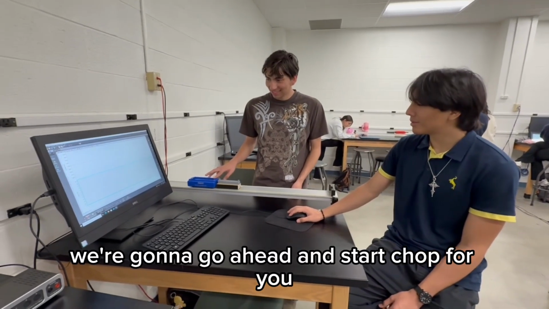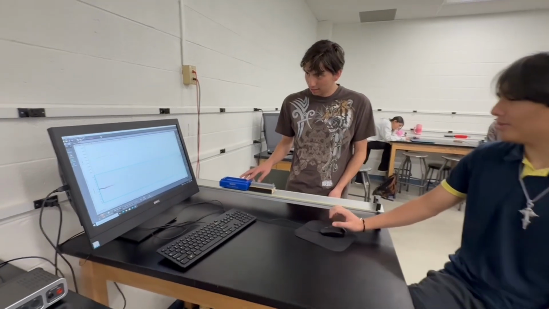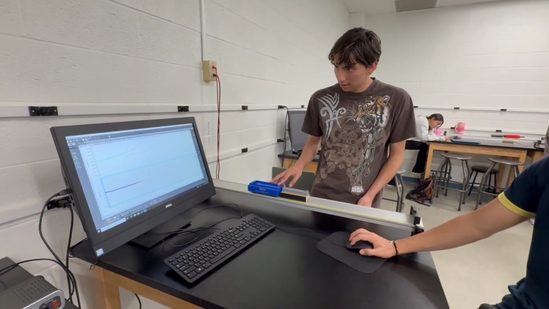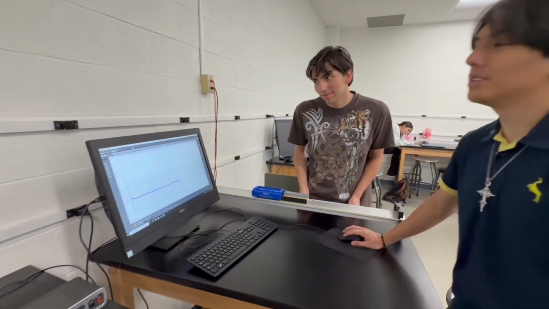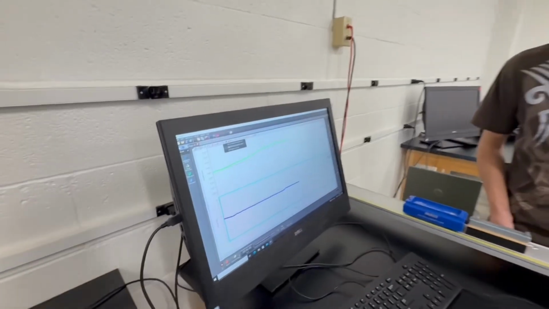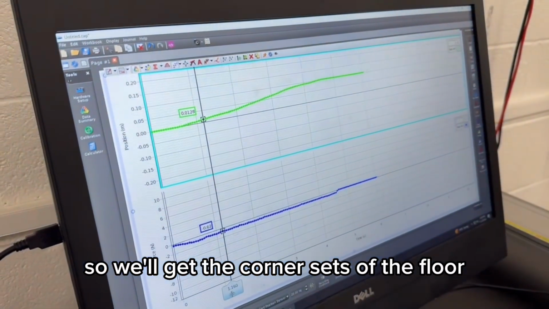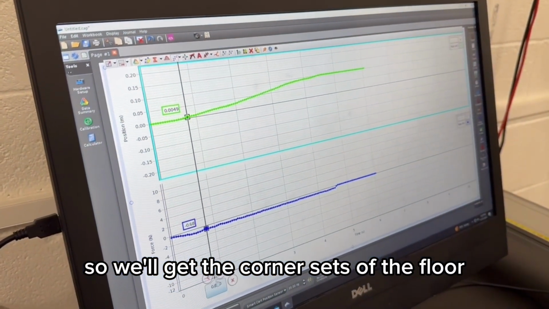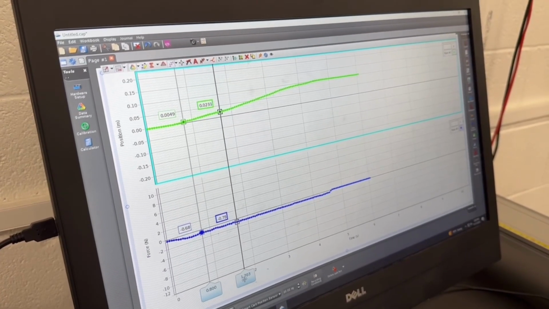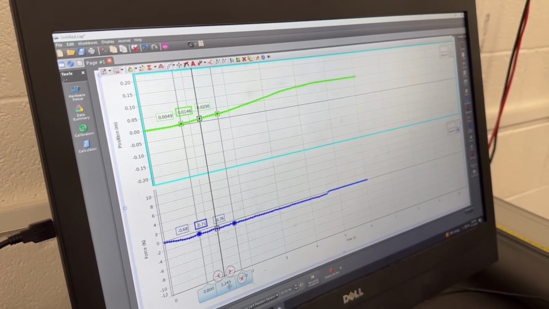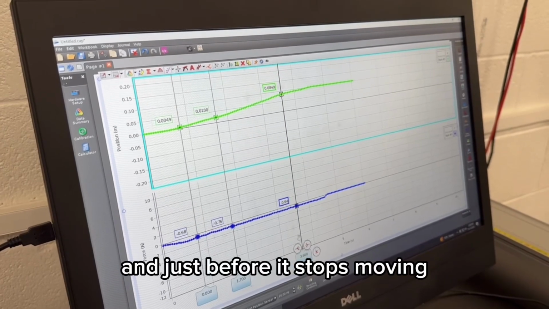We're going to go ahead and start trial 3. And then we'll do the same thing we've done for the past two attempts. So we'll get the coordinate set of before, the coordinate set of in between, and just before it stops moving.